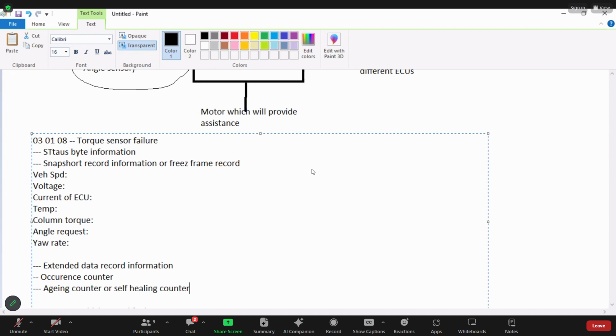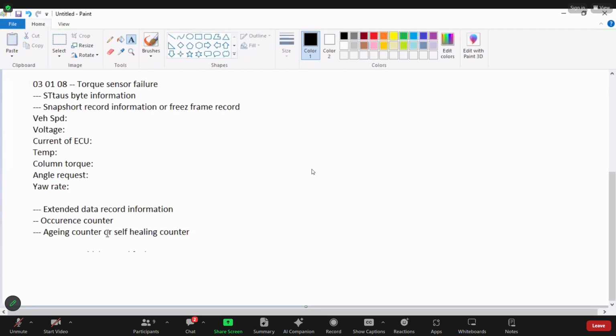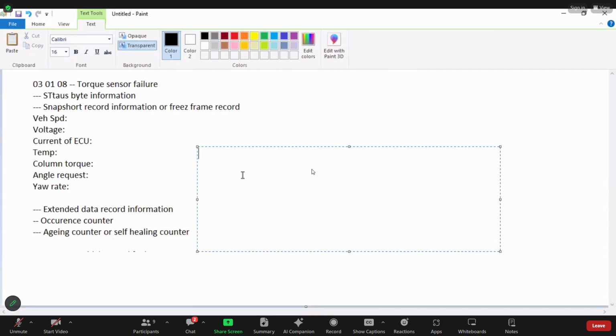Let's take an example. Let's say we turn on the vehicle and we went for a ride, and there was a low battery voltage fault detected.